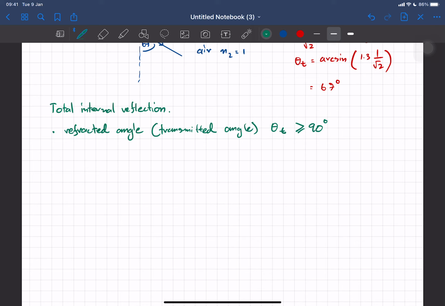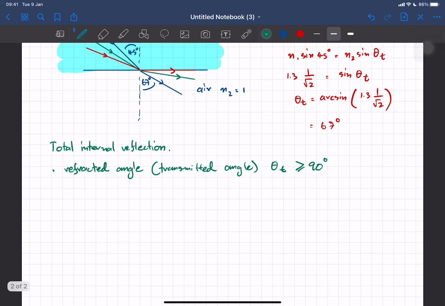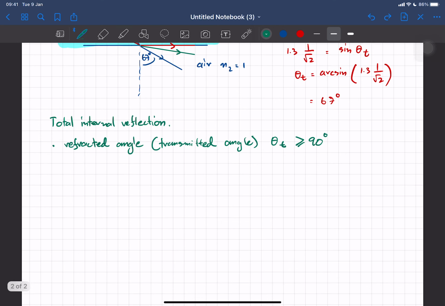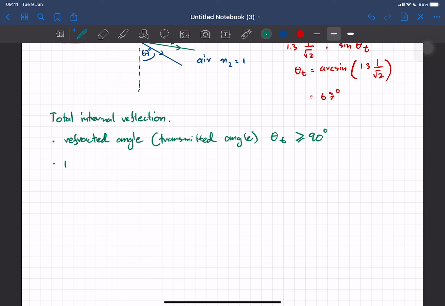Okay, so because it cannot really do that, right? 90 degrees, going along the interface, that's not going to happen. So going larger than 90 degrees, that's also pretty clear that it's not going to happen. So when this situation happens, then 100% of light will get reflected.